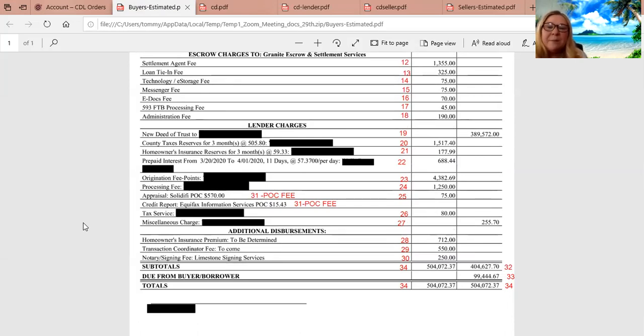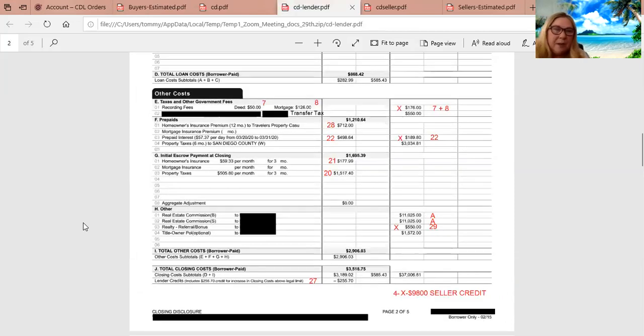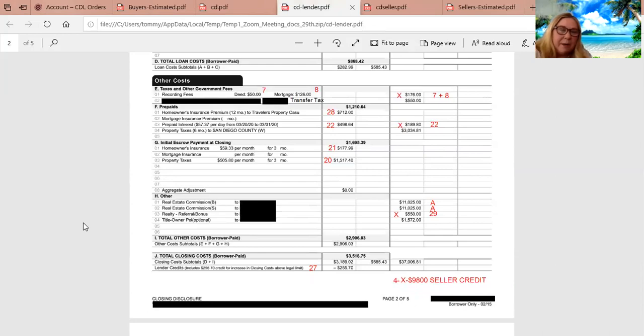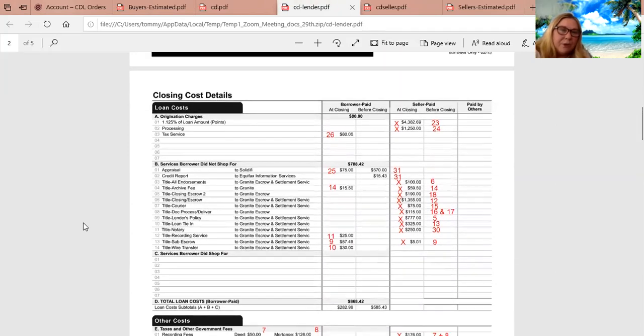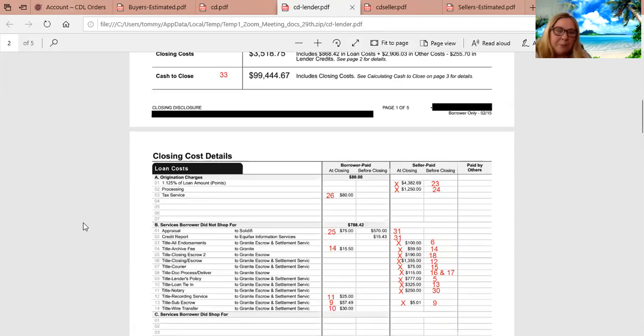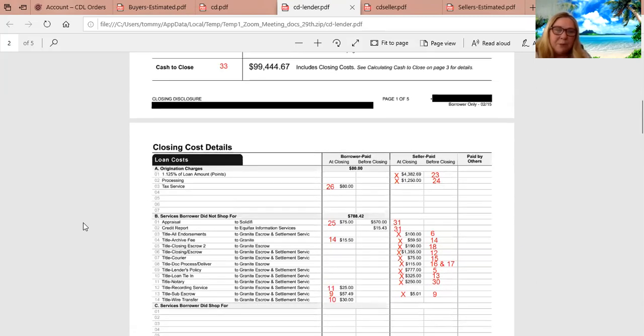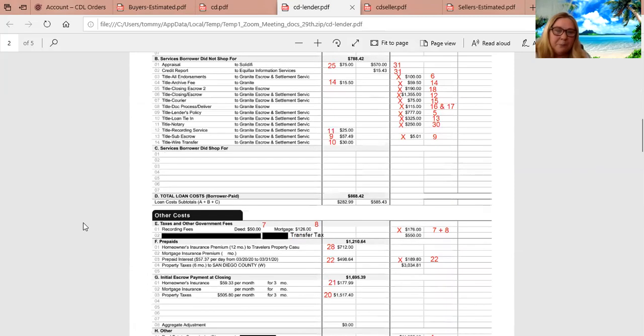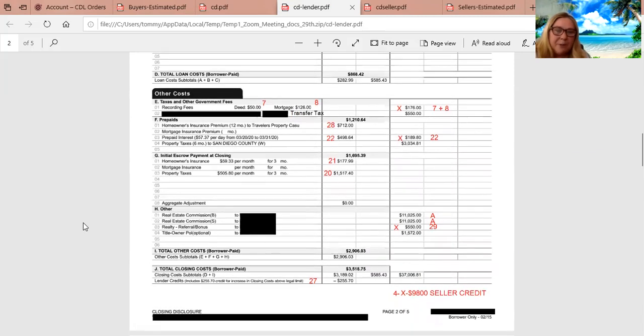And I put one in as miscellaneous charge because on the lenders, go back to the CD for that miscellaneous charge. Let's see, go back up to where their lender charges are. Stop, go back down. A little bit more, down towards the bottom. Stop. See where it says lender credits, $255.70? What number is that?